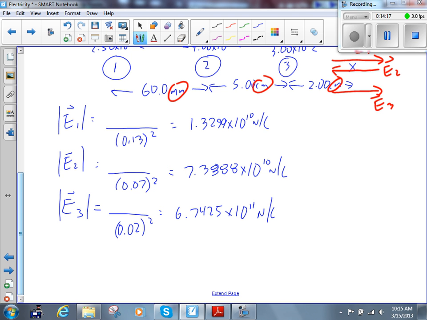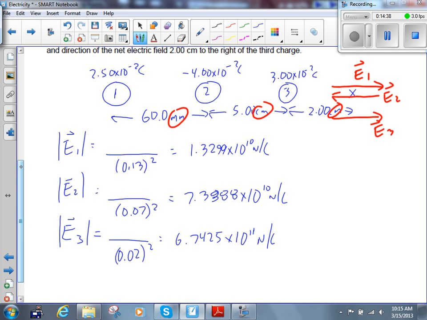Why is the electric field caused by number 3 bigger than the other ones? It's closer. Now, just because it's closer doesn't mean for sure that it's going to be a bigger value. If it's a much smaller charge, then obviously that can counteract the closeness. But in the end, this charge is similar in magnitude to the other 2 charges, so if it's closer, it's probably going to be a bigger field.